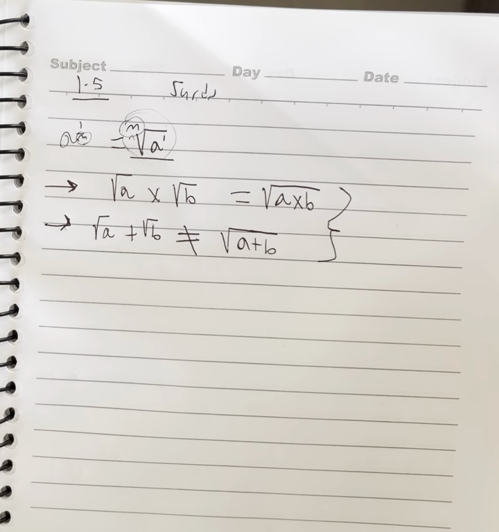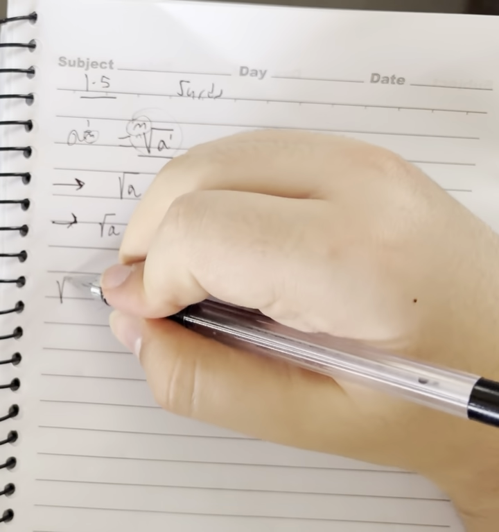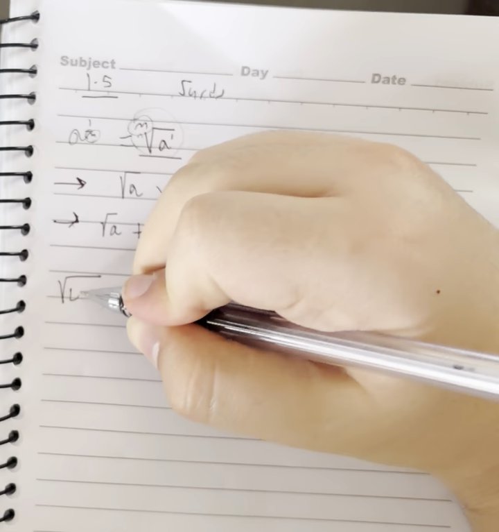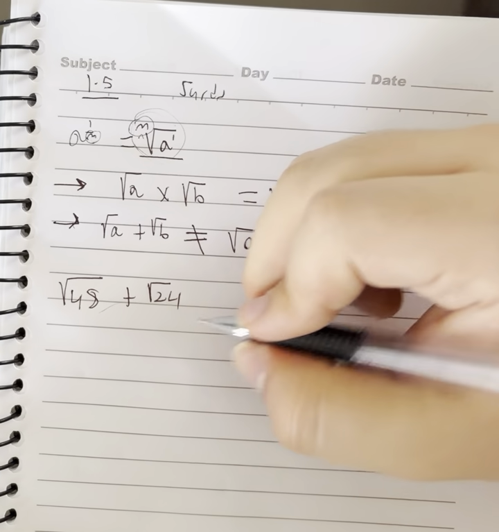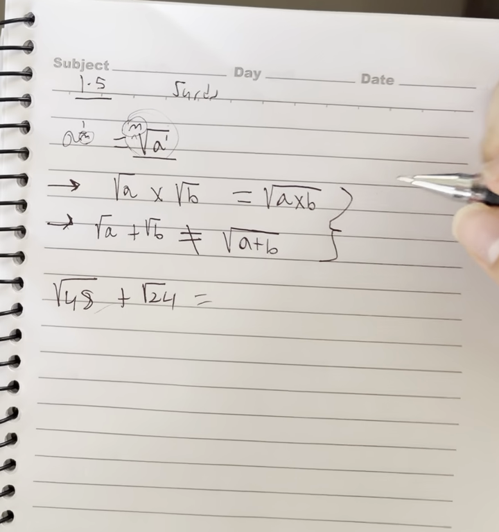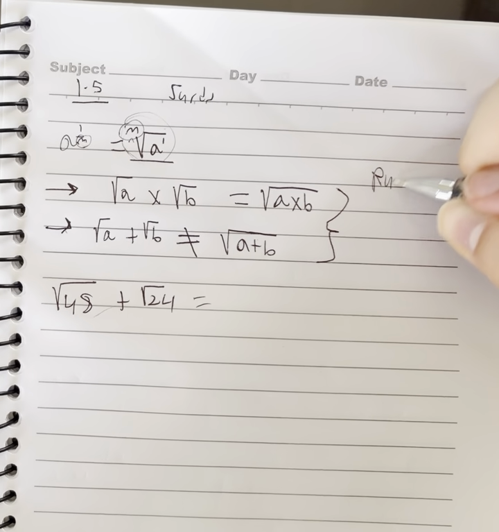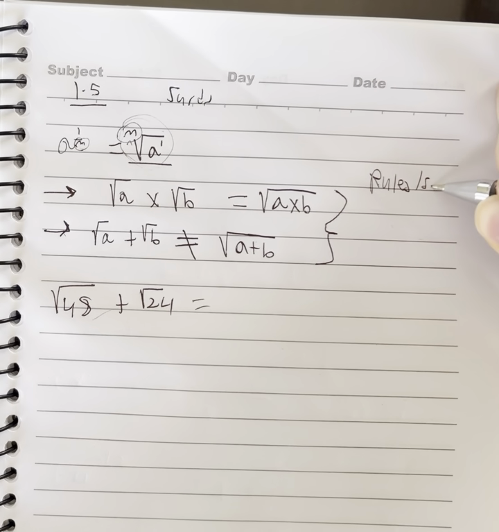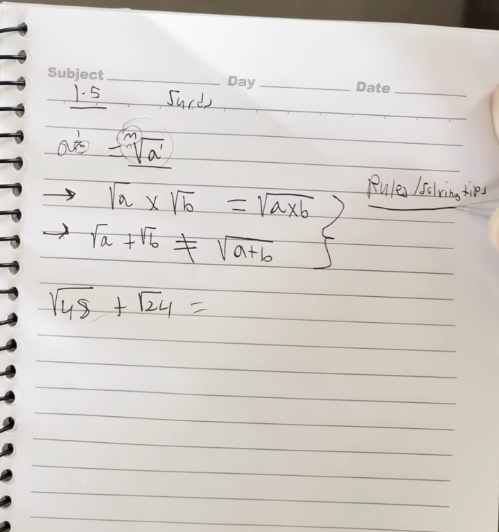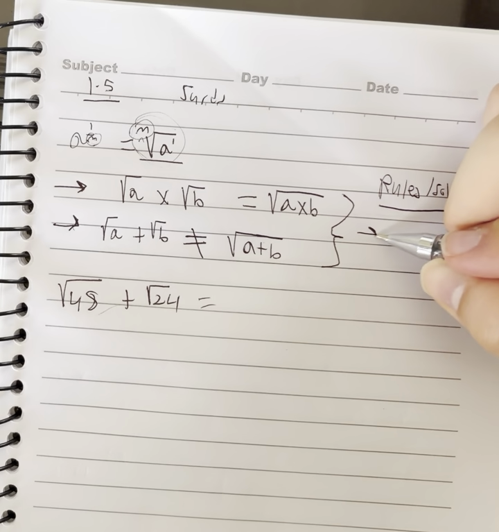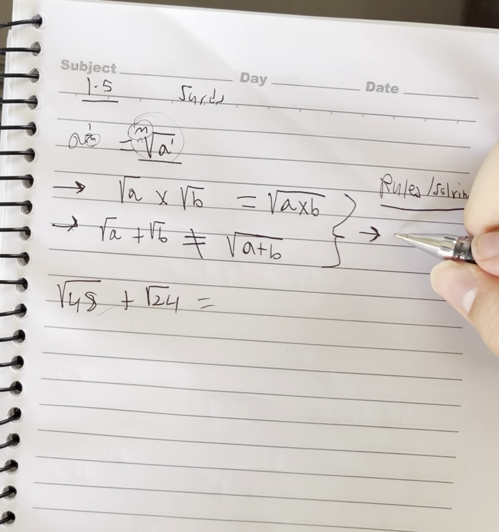Let's try out some examples. For example, here root 48 plus root 24. Here you have some solving tips. Always simplify the surd to its simplest form.